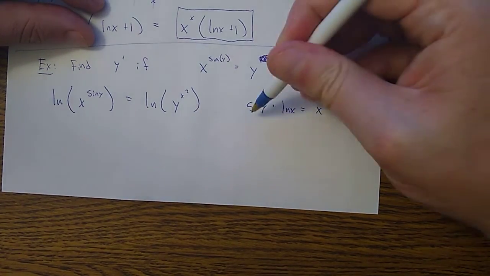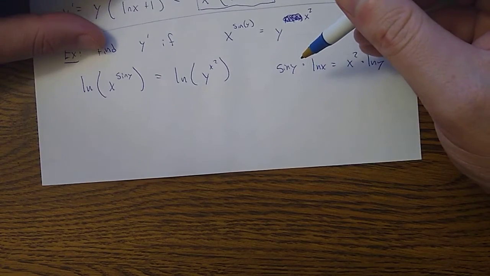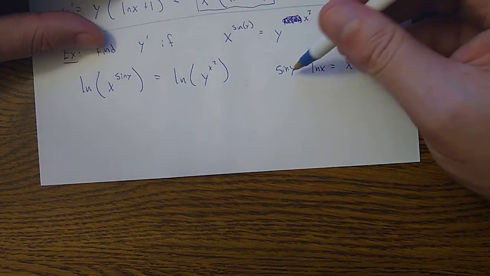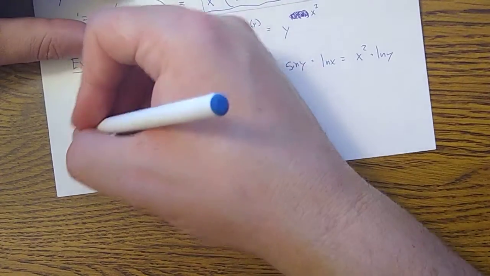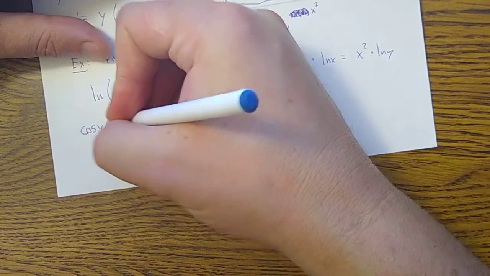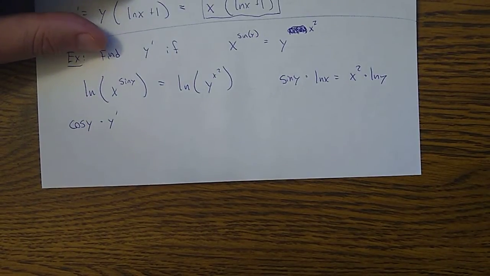Now I can do the derivative of both sides with respect to x. And again, this is like implicit differentiation. So when I do the derivative of sine y, I get cosine y times the derivative of the inside, which is y prime.